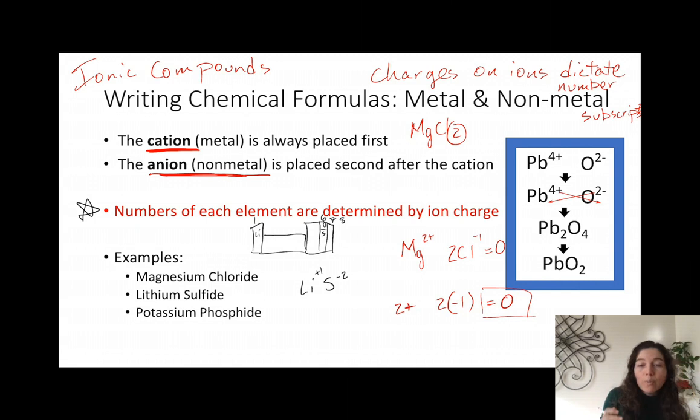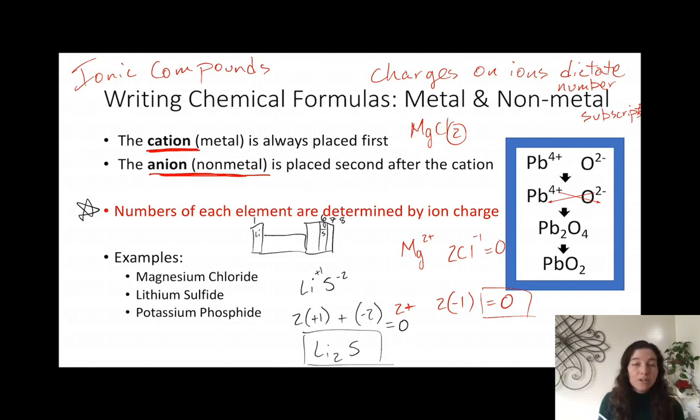So we need 2 plus 1 charges plus our -2 equals 0. So we need 2 lithiums in order to equal out the charge of the sulfur. So we'll have Li2S in order to get our charges to equal 0.